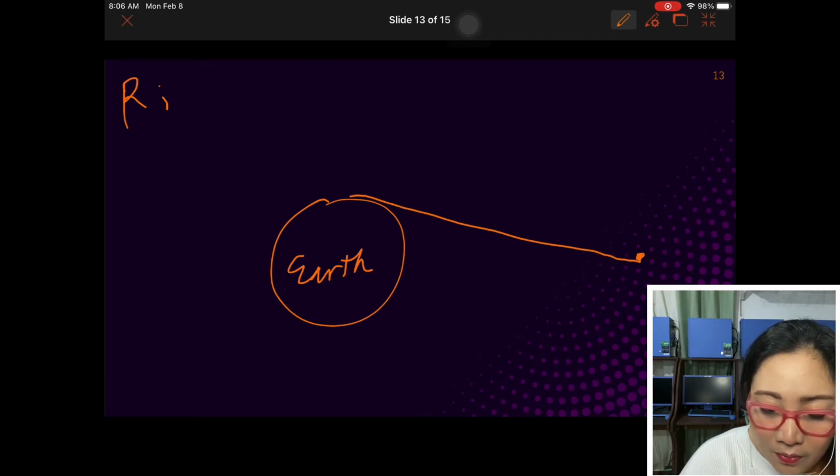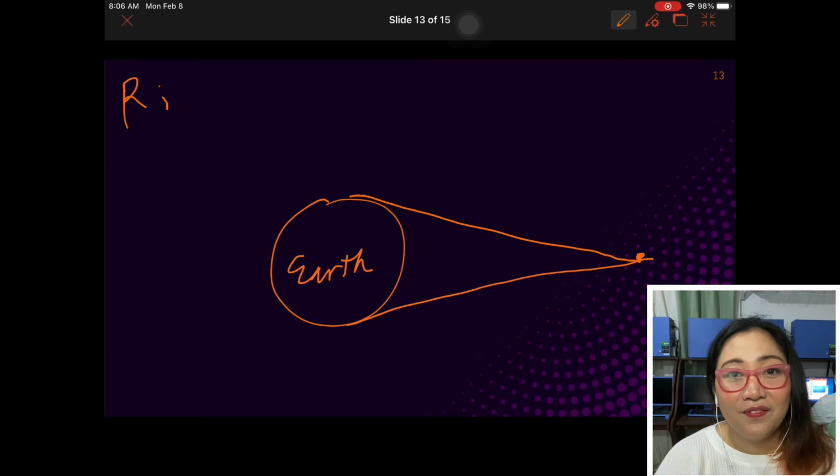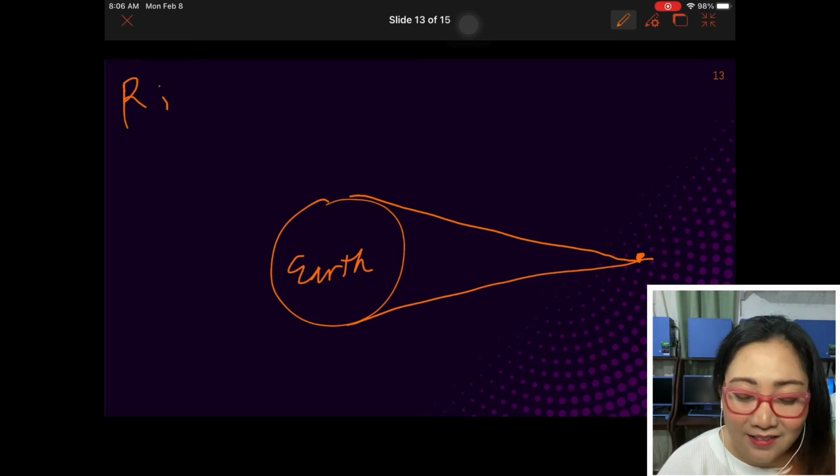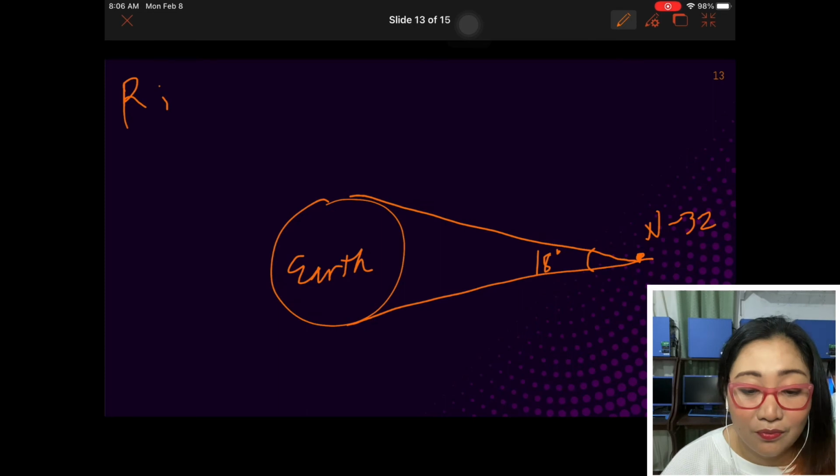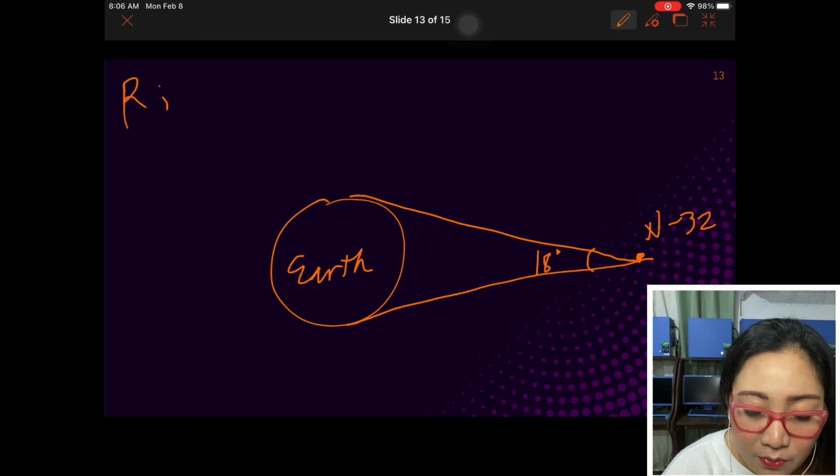Tangent, viewing angle. And then, ito si Newton 32, ang viewing angle daw niya ay 18 degrees. And then, what are we looking for? We are looking for the part of the arc that is being viewed. Yan yung hinahanap natin.